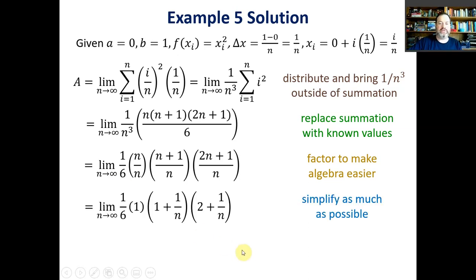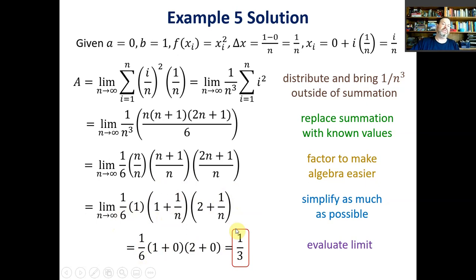I can just simplify. And then these limits are real easy from here. The limit as n goes to infinity of this is 0, and this is 0. So it's 1/6 times 1 plus 0 times 2 plus 0, which is a third. And you're done. This is by far the easiest problem like this that you'll probably see.